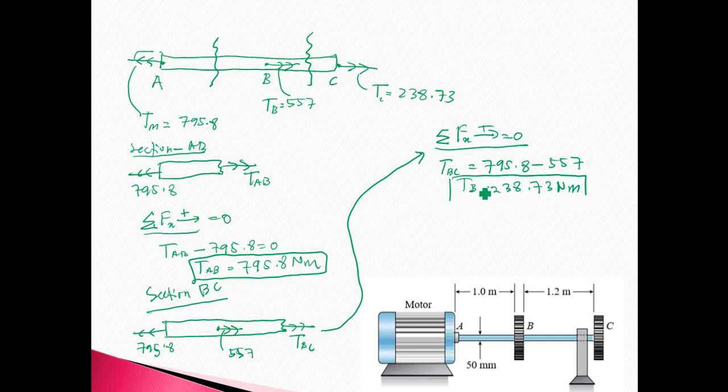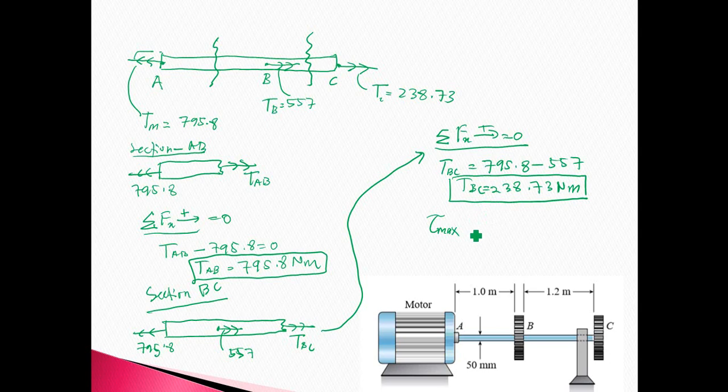Okay, so now we have the internal torque at section AB, and also the internal torque at section, sorry, this is BC. Okay, so the question asks: what is the maximum shear stress? For this case, since TAB has the maximum torque, the maximum shearing stress will be at the shaft at section AB.